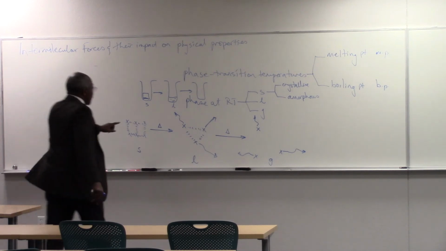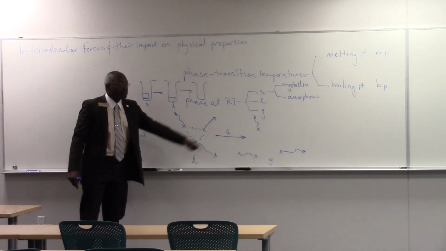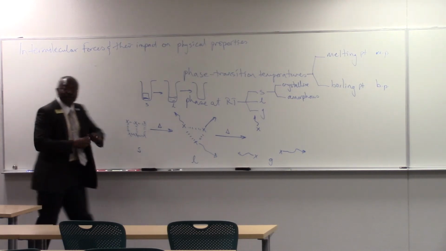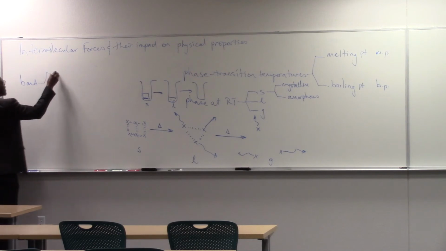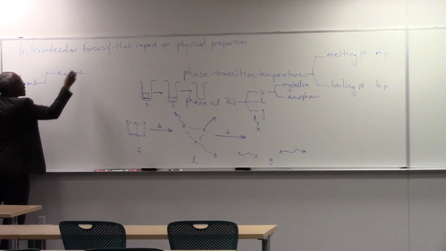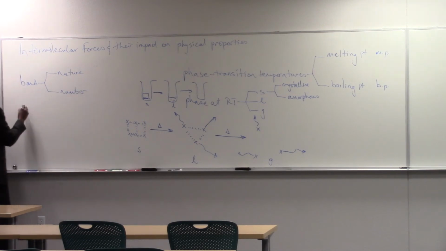Because fundamentally, changing phase is about changing motion. So what are my factors? I'm looking at the bond, in other words, its nature, and nature deals with the strength and the number. And I'm also looking at the mass of the particle.